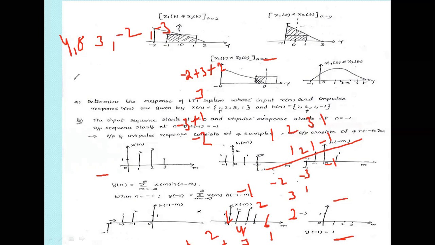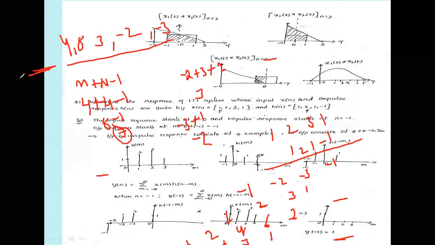Means totally M plus N minus 1 number of samples you have to find out. What is the X? Nothing but number of samples in the X value is 4. And how many number of samples here in the H? Nothing but N, 4 plus 4 minus 1. So 8 minus 1 is 7 samples you have to get. We already found only 5. Okay, means before that there are 2 values.